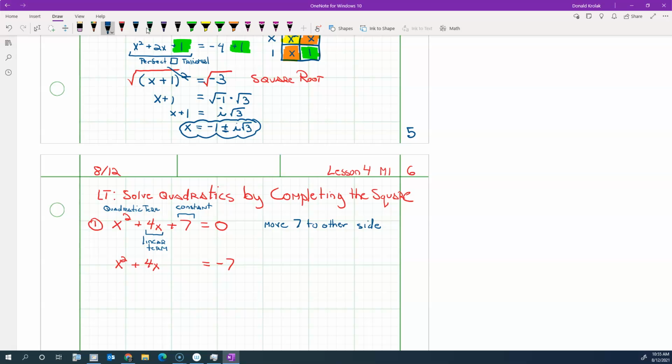So we need the quadratic term to be a perfect square and the linear term to be even.